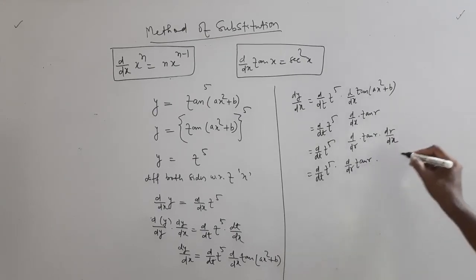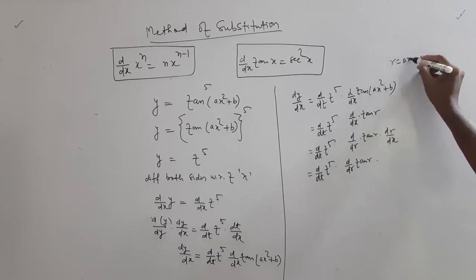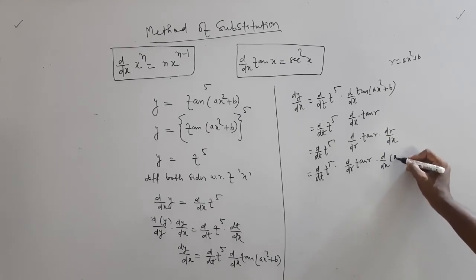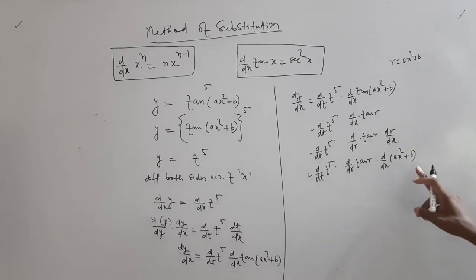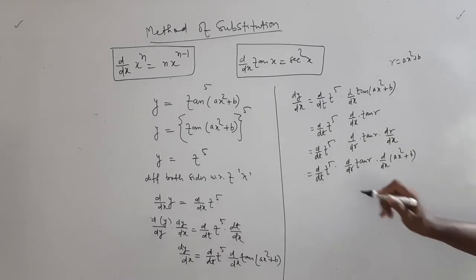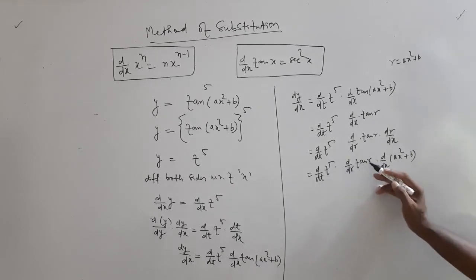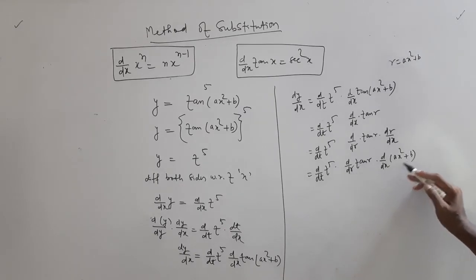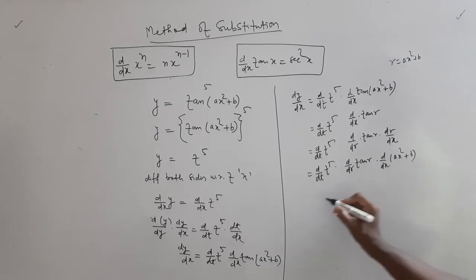And we have assumed tan r, means we have taken r as ax square plus b. So this becomes d by dx of ax square plus b. Now all of them are three different functions. This is a function of t, and we have to differentiate with respect to t. This is a function of r, we have to differentiate it with respect to r. This is a function of x, and we have to differentiate it with respect to x. There is no problem now.